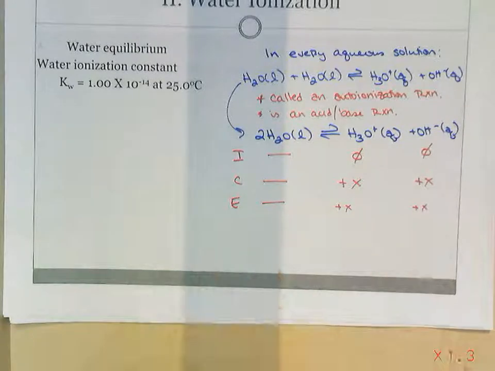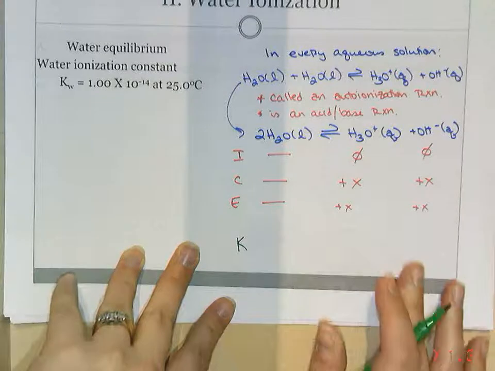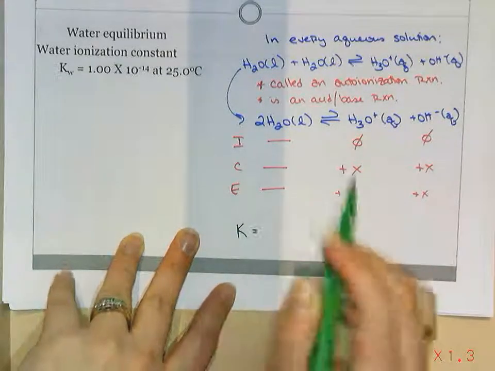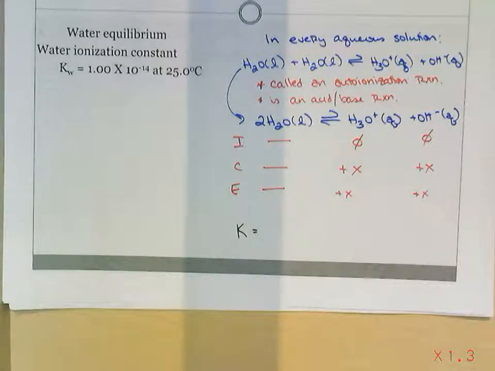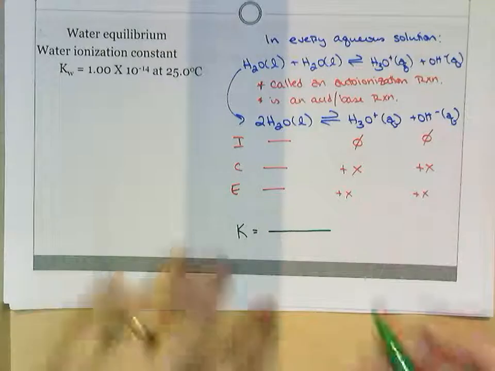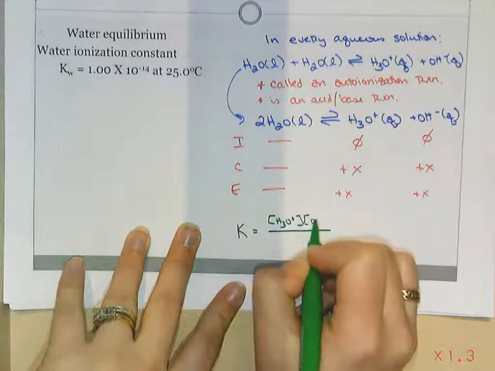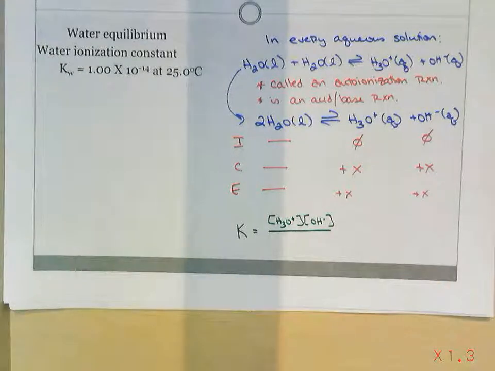So if I were to write out my K for this particular reaction, do the products or the reactants go in the numerator? The products go in the numerator. Do I need to raise them to any powers? No, because they're 1.